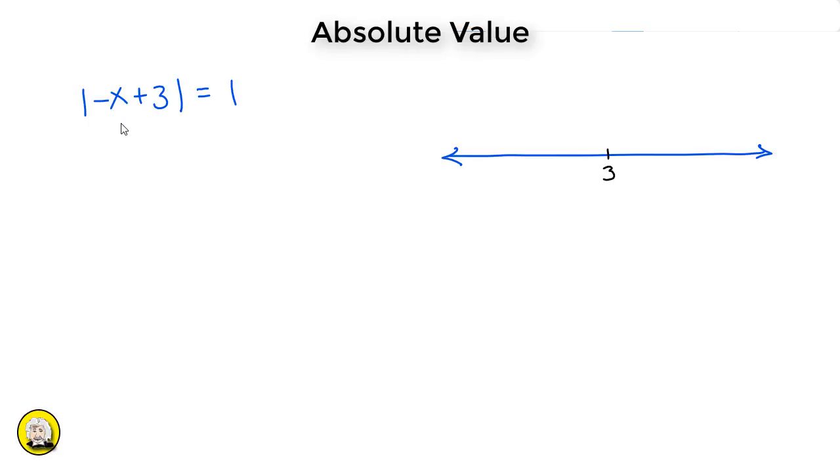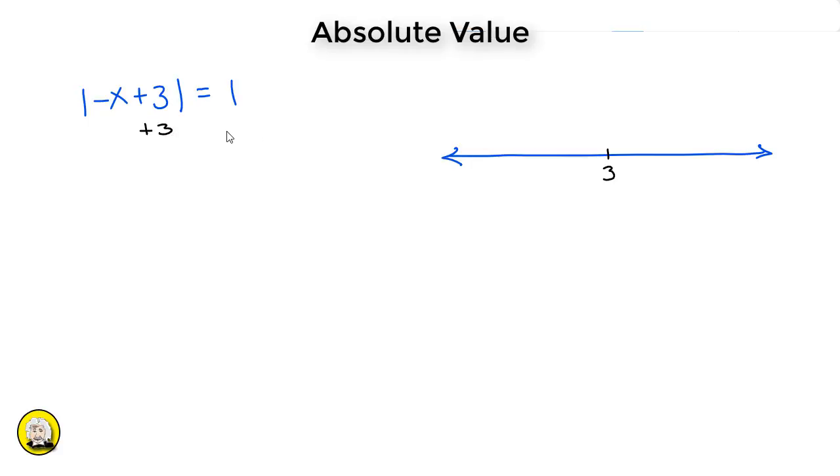I'll still make a similar interpretation graphically. It will be an absolute value distance of 1 away from the opposite of the minus times the +3. So in this case, I'll interpret that essentially as if it were x minus 3, and my central point will be the opposite of that.